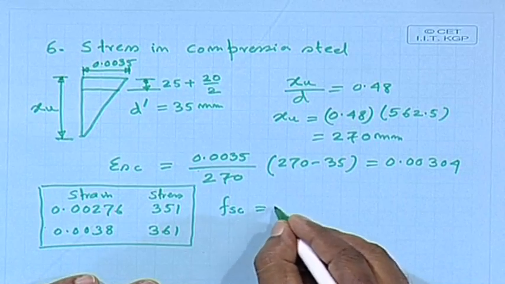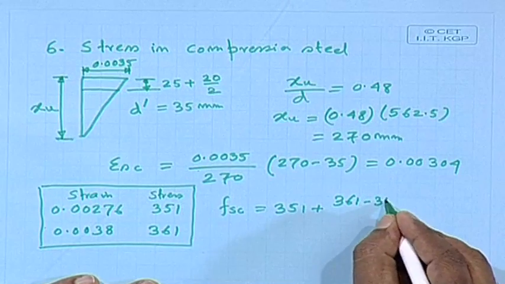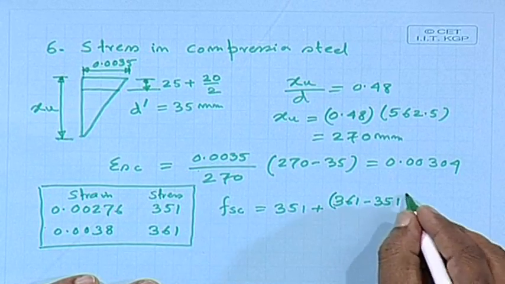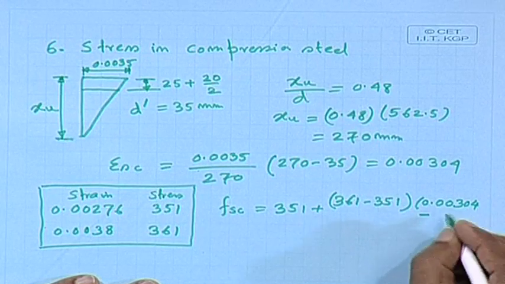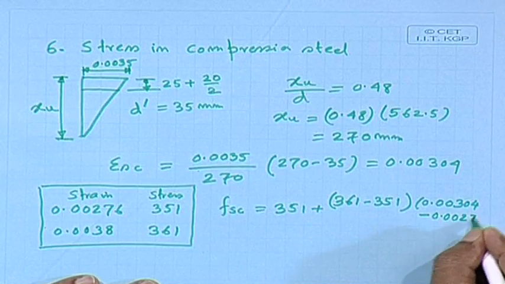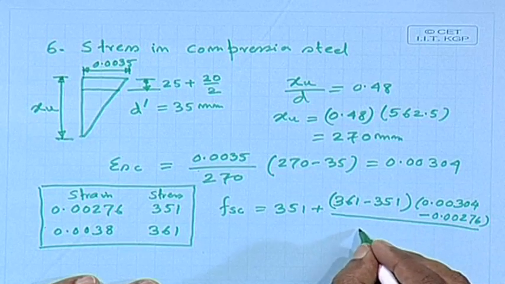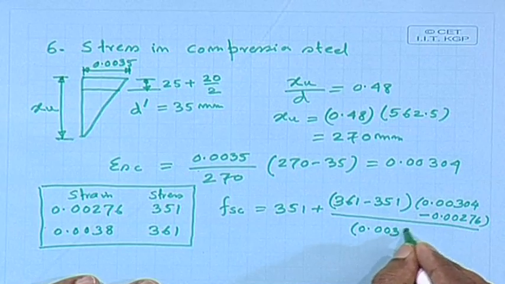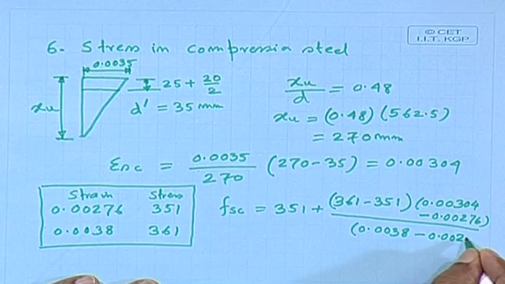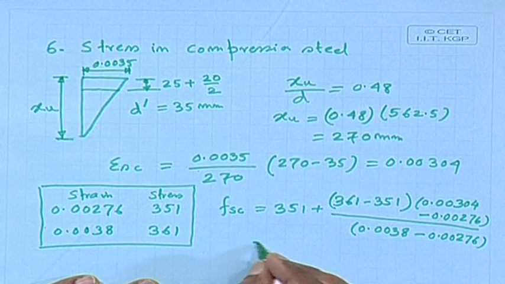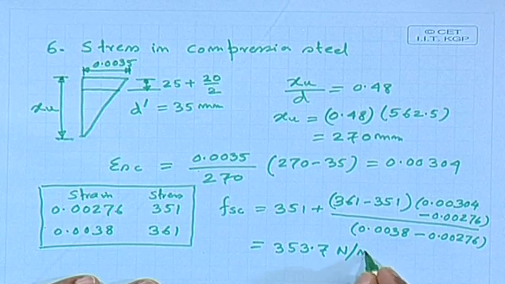So, FSC equal to 351 plus 361, let us make it in detail, 0.00304 minus 0.00276 divided by 0.0038 minus 0.00276 equals 353.7 Newton per square millimeter.